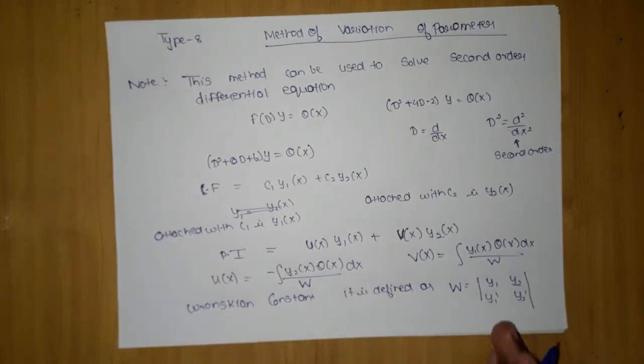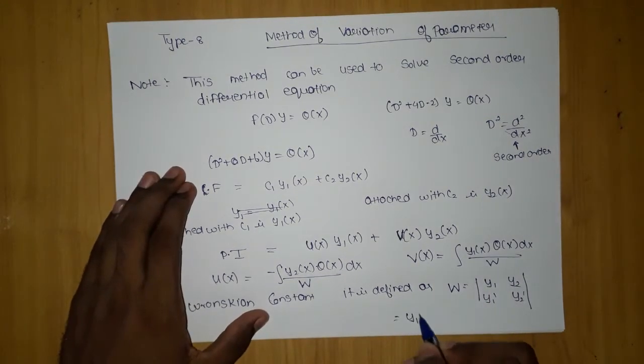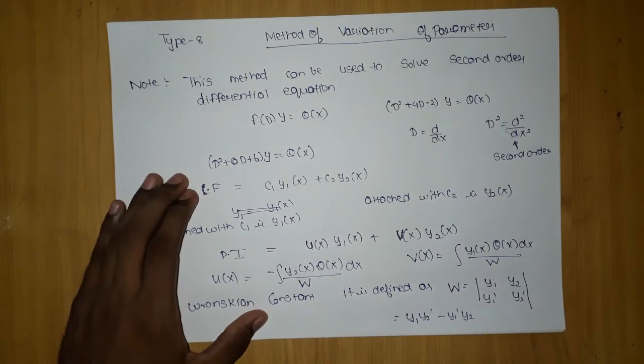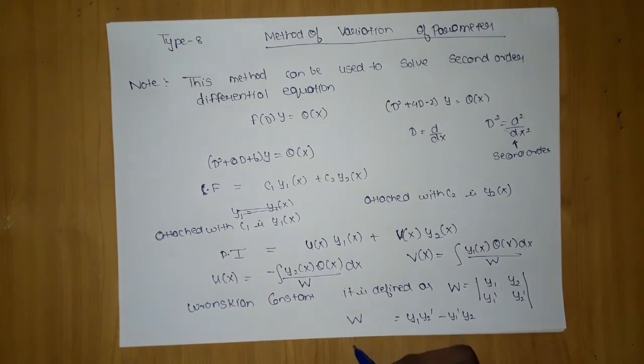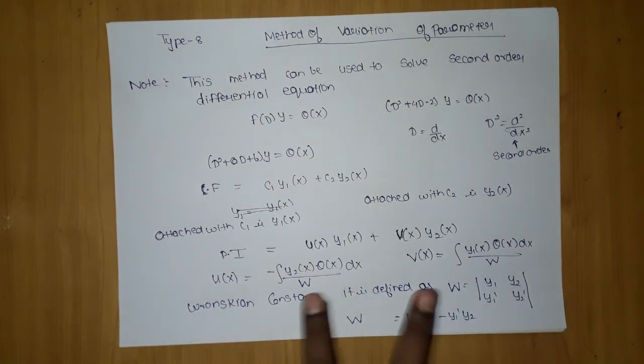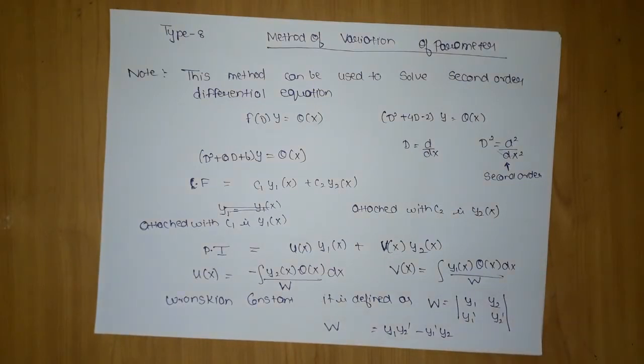When you solve this determinant you will get your w. If you simplify, it is y1 y2 dash minus y1 dash y2, so this is your w. After getting this value, you will substitute to get the u and v values and then the particular integral. Again, note that this method is only applicable for second order differential equations. Never use it on third order or anything like that.